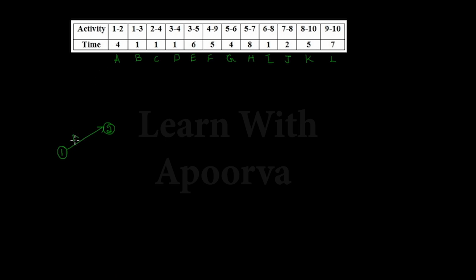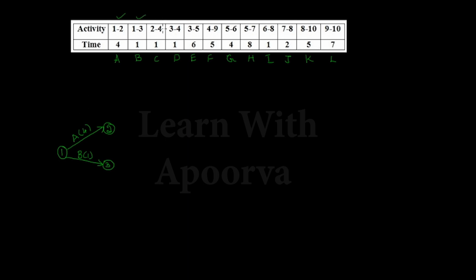So activity is A and its duration is 4. So similarly, we have the next activity from 1 to 3. So 1 to the node 3. So the activity name is B and the duration is 1. So B 1. So this is done.